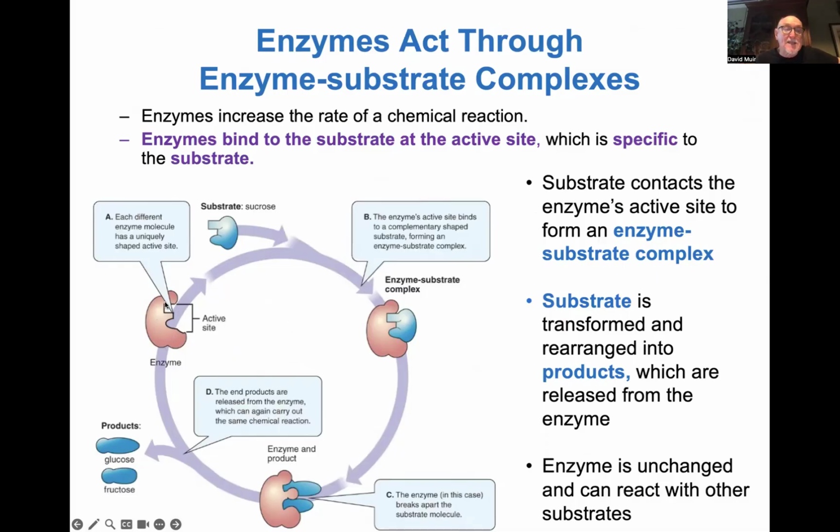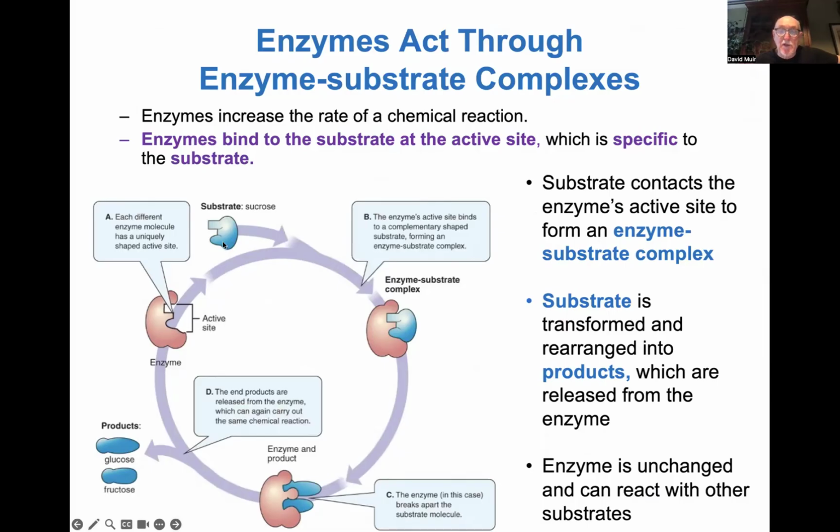And to do so, it has this specific site which binds sucrose and is specific to the shape of sucrose. And that is called the active site. Enzymes are very, very specific for their substrates, extremely specific. And this is usually determined by the shape and by various other chemical properties of the substrate.